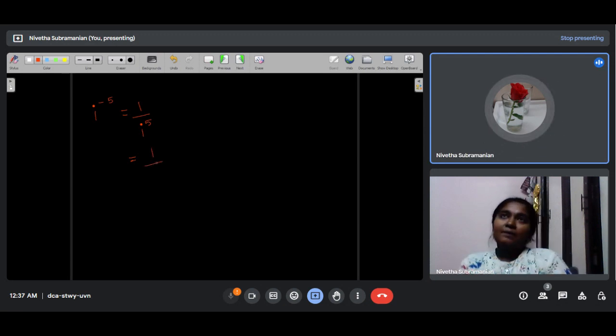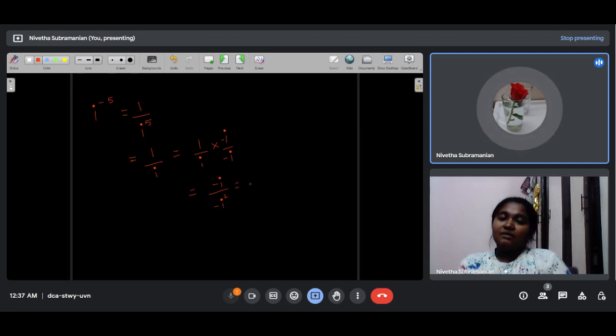So 1 by i power 5 is nothing but 1 by i. We need to find the value by taking the conjugate. By multiplying the conjugate on both the numerator as well as the denominator, I will get minus i divided by minus i square.